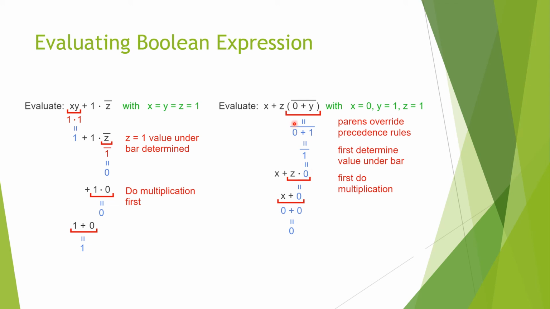So we can replace that parentheses with 0, so we have x plus z times 0. z times 0 is equal to 0 because no matter what the value of z is, any number times 0 is 0. And finally, x plus 0 is equal to, x is set to 0, so 0 plus 0, and 0 plus 0 is equal to 0.